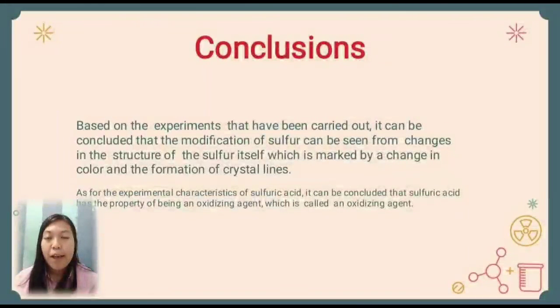Conclusion. Based on the experiment that has been carried out, it can be concluded that the modification of sulfur can be seen from changes in the structure of the sulfur itself, which is marked by a change in color and the formation of crystal lines.